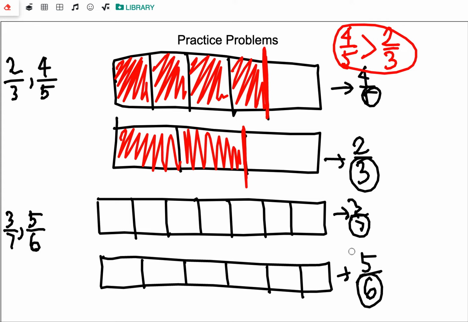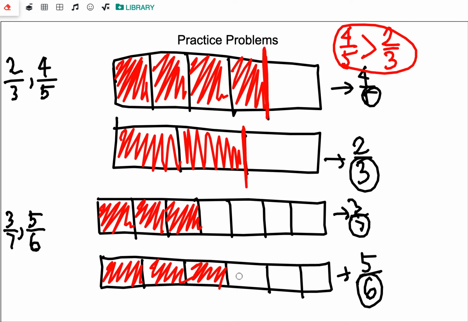And for the 5/6, we have to shade 5 of the 6 parts because our numerator is 5. Let's switch the color and shade 1, 2, 3 boxes for 3/7, and shade 1, 2, 3, 4, 5 boxes for the 5/6.